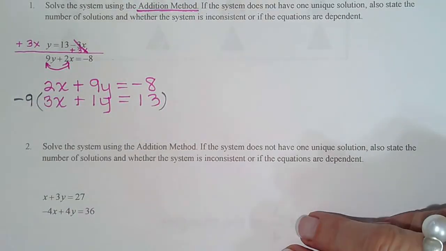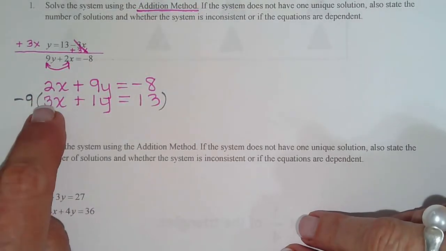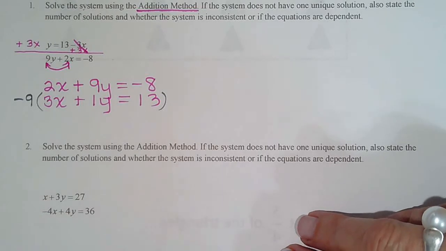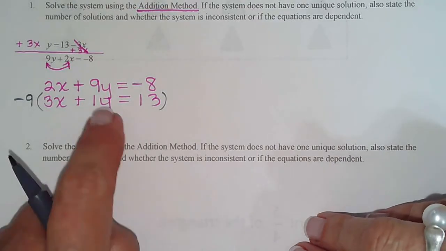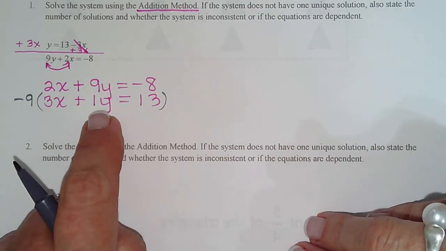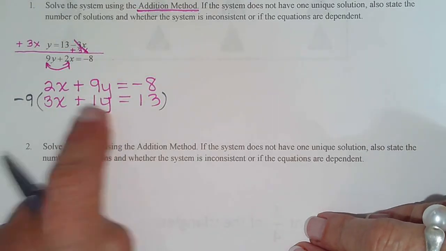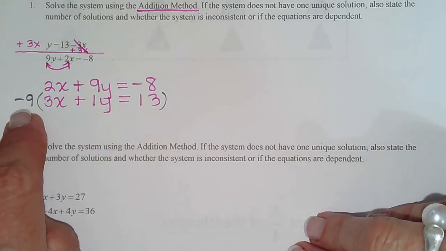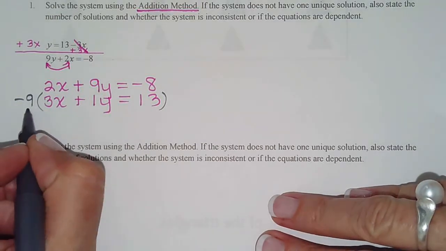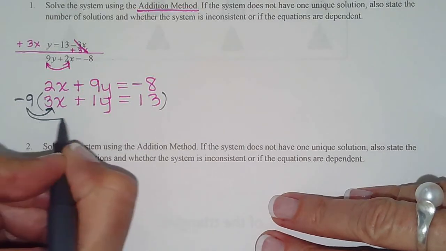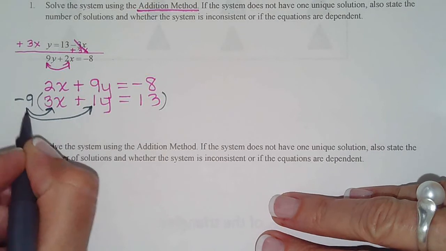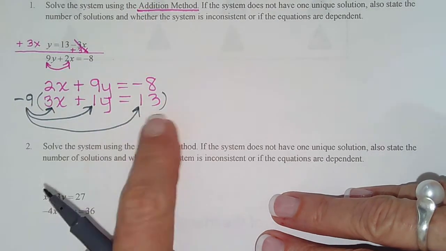But guess what? If you would have done 6x, negative 6x, we get the same answer at the end. I just saw this was a little bit easier because if this is 9y, I need this to be negative 9y. So multiply by negative 9. And probably the most common mistake on the addition method is students forget the number over here.